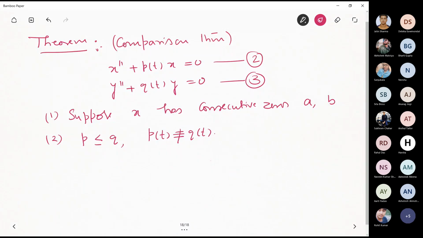It can be that at some points they are equal, but the functions are not identical. These are continuous functions in the interval.